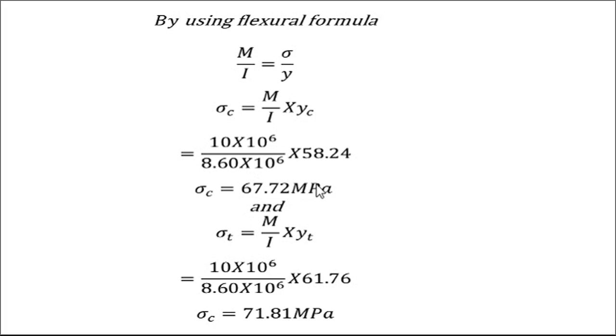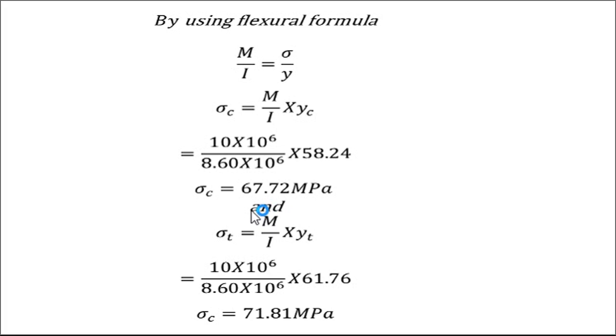After doing the calculation on the calculator, the value is 67.72 MPa. MPa is megapascal. Instead of MPa, you can write Newton per mm square also. So Newton per mm square and MPa are one and the same. This is the bending stress induced on the compression side. That's why sigma C. The notation is sigma C because it is bending stress in compression.